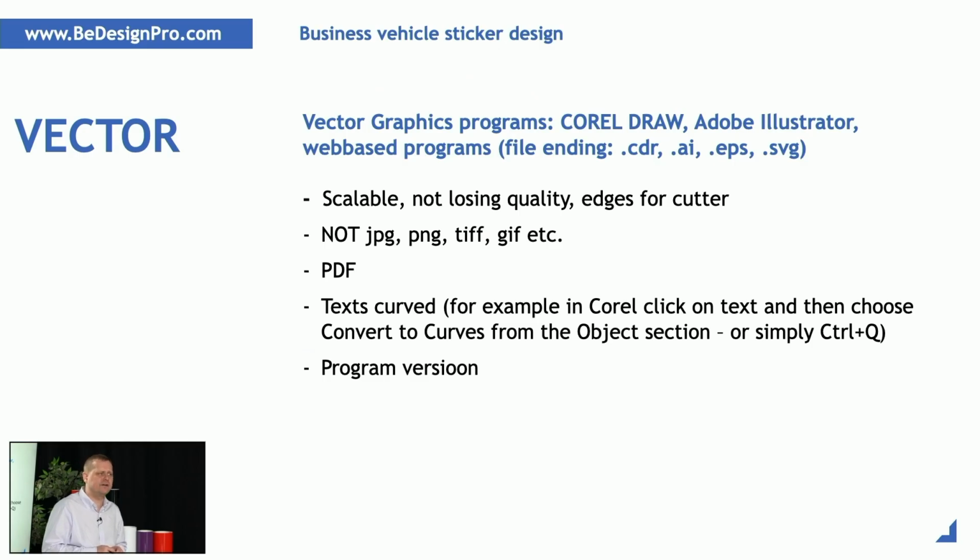Secondly, for the final version, please create it as a PDF file. As you are designing it in, for example, Adobe Illustrator, but your sticker manufacturer is using CorelDRAW like me, then although programs do know how to open each other's files, there is no insurance that they are doing it correctly.